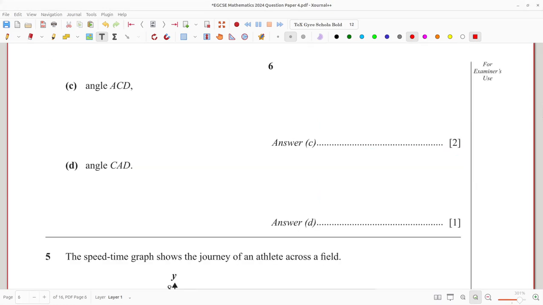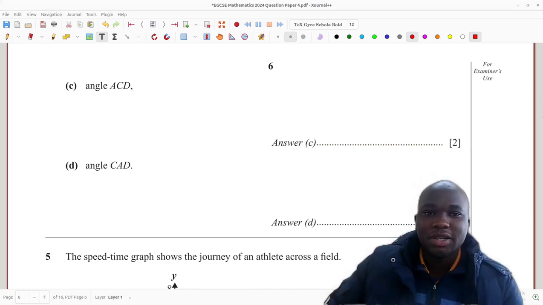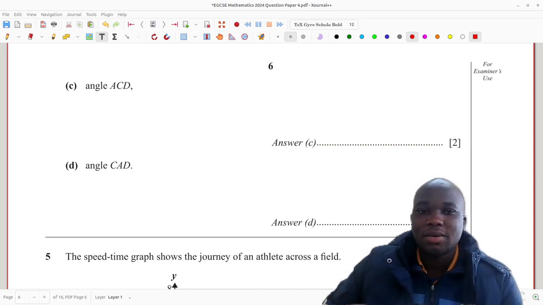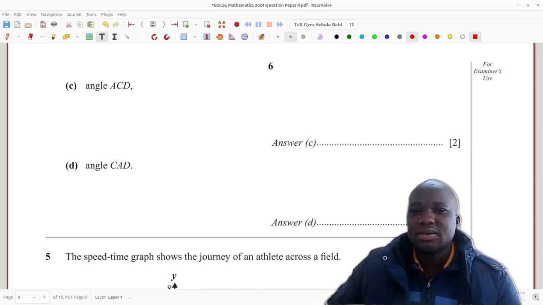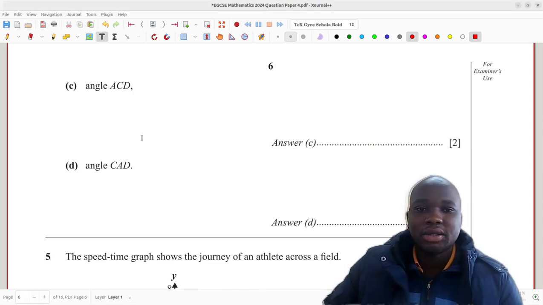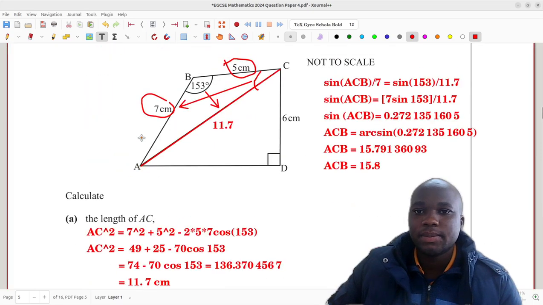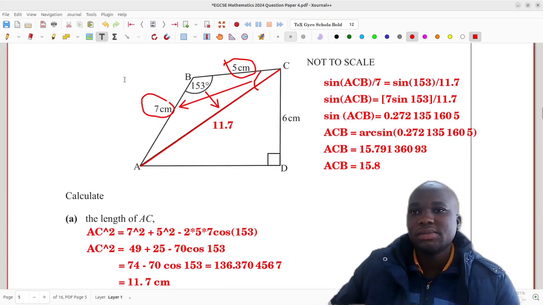Next question. Let's find angle ACD. Angle ACD, let's check which angle is that. It's this angle here.